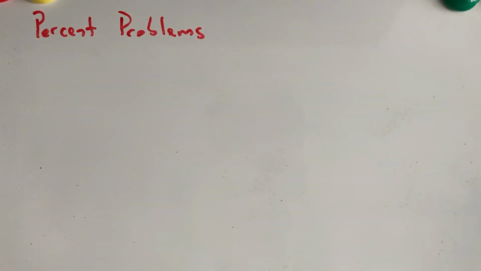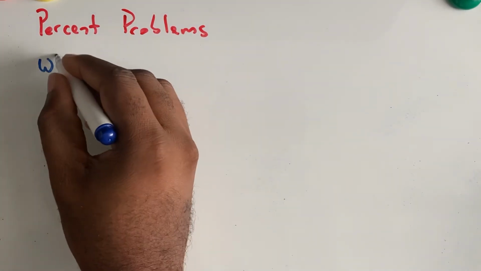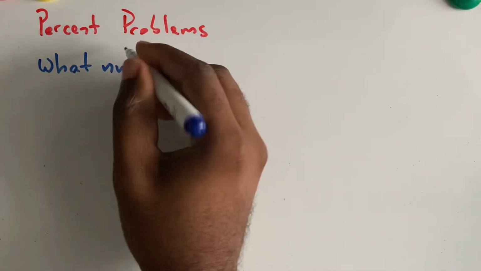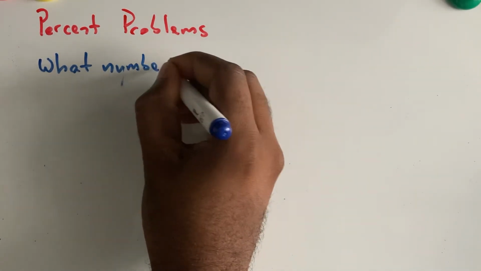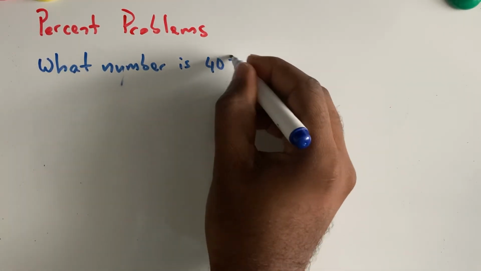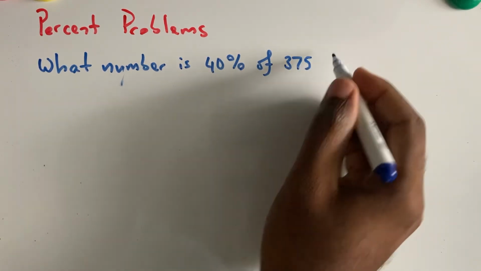Okay, so I'm going to write this now in a different way. Let's say we didn't know the 150. So the question would be, what number is 40% of 375?